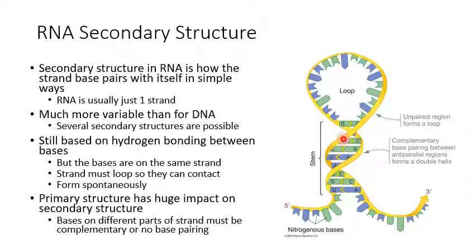So in this section of the strand, if you have a GCU, then in the other section of the strand you have to have a CGA. If you had a CCA, you're not going to form base pairs here, and this secondary structure isn't going to form. So it's basically entirely dependent on different parts of the primary structure being complementary to one another, so that they can base pair with each other to stabilize the secondary structure.